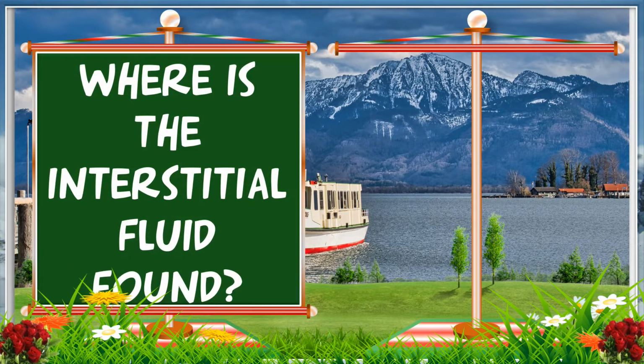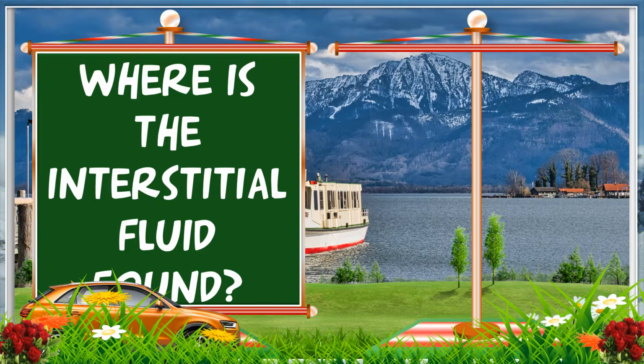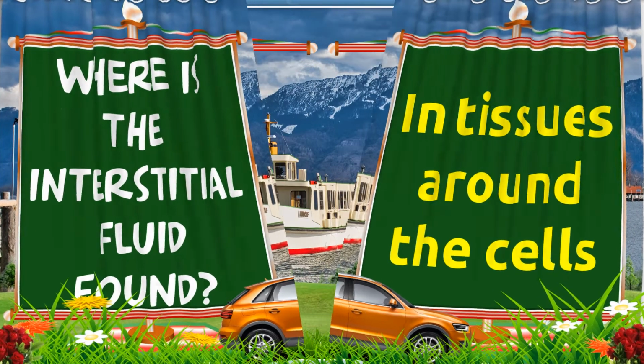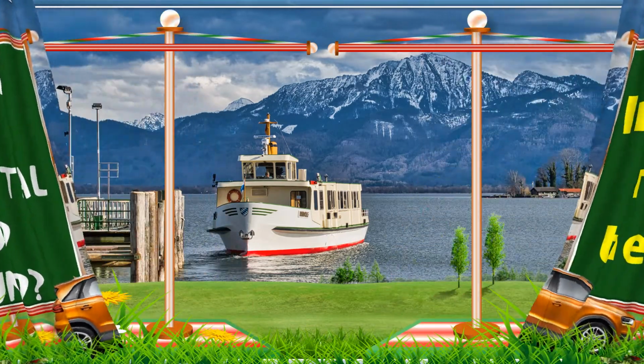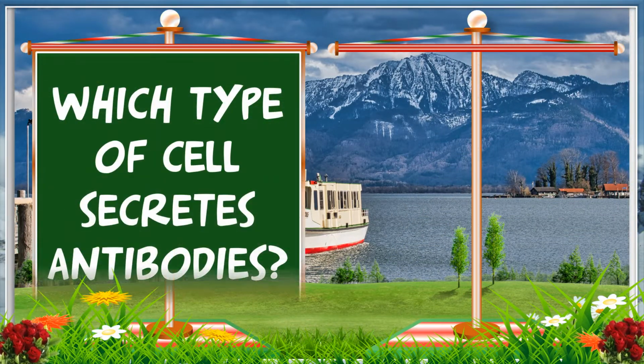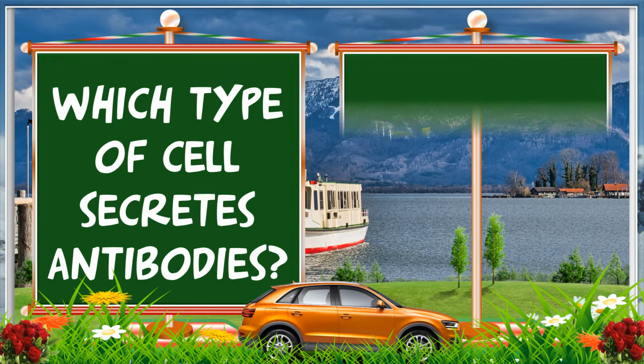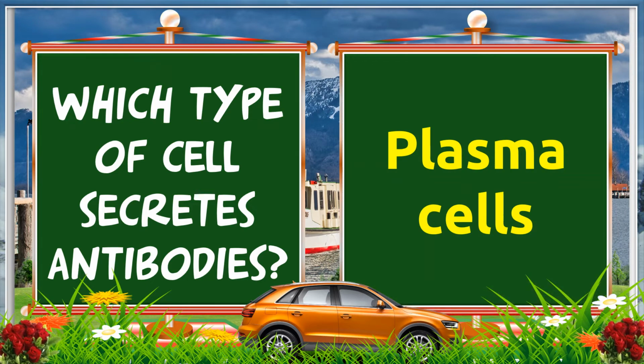Where is the interstitial fluid found? In tissues around the cells. Which type of cell secretes antibodies? Plasma cells.